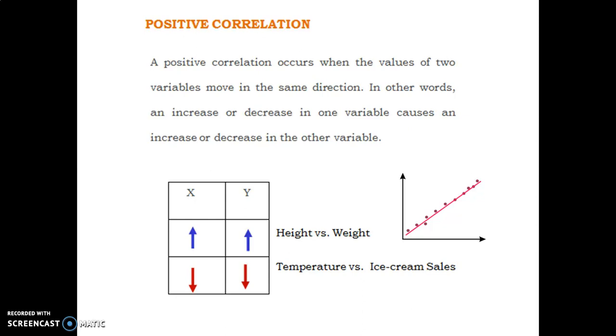So, if the temperature is high, the sales of ice cream will increase. If temperature decreases, the sales of ice cream will also decrease. That is, if one variable increases or decreases, the corresponding variable also increases or decreases. Then we say that the two variables are positively correlated.